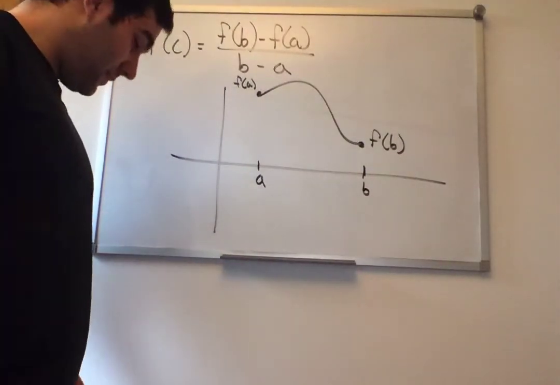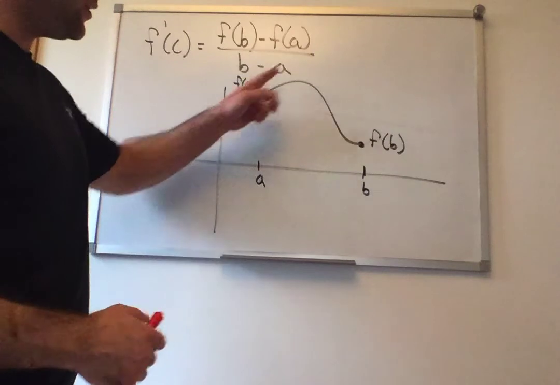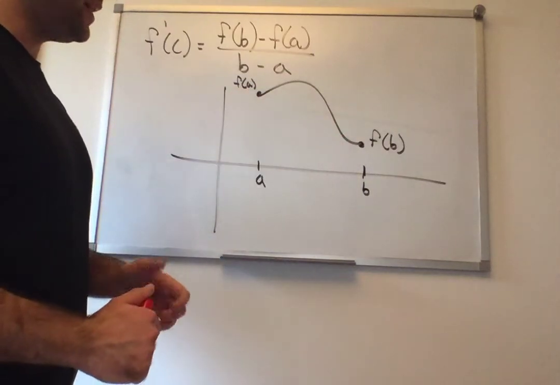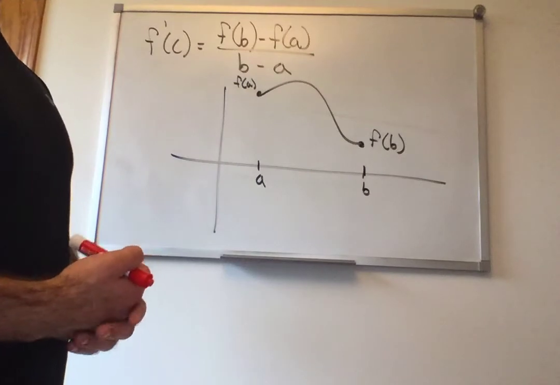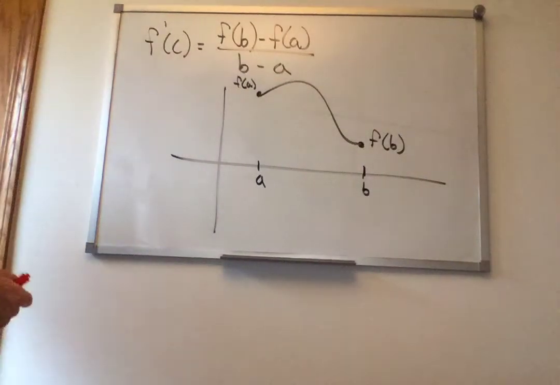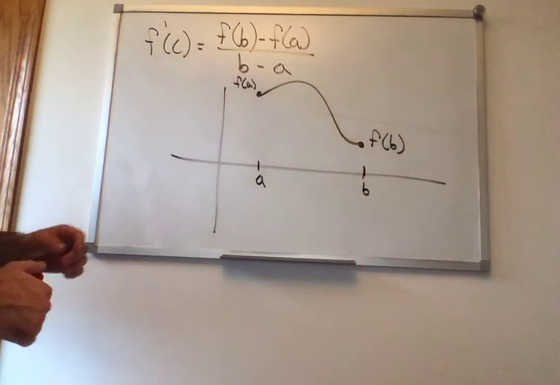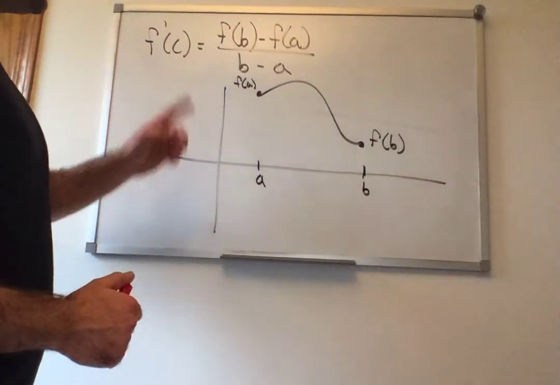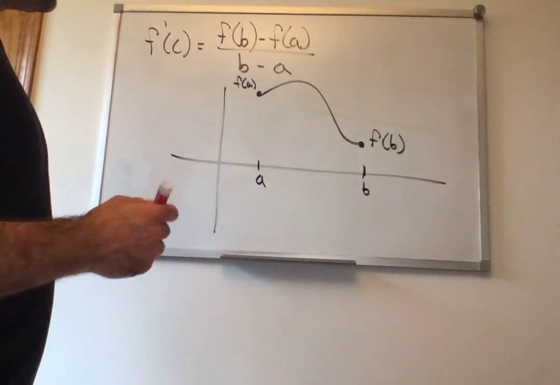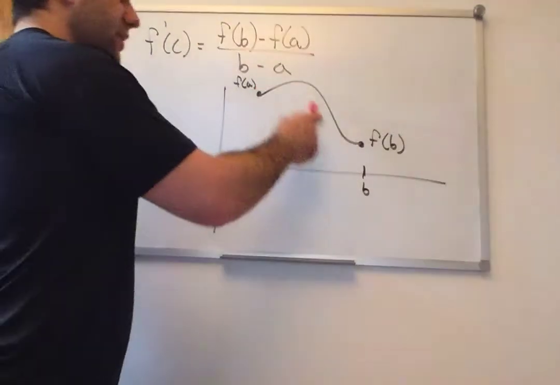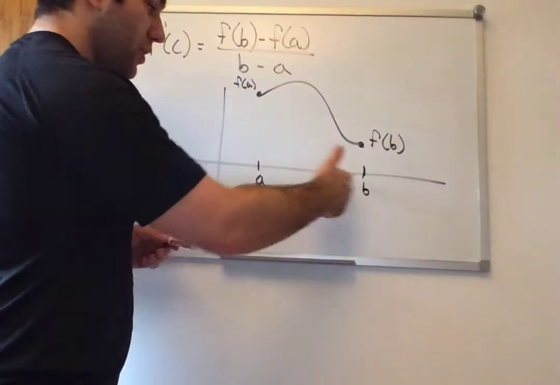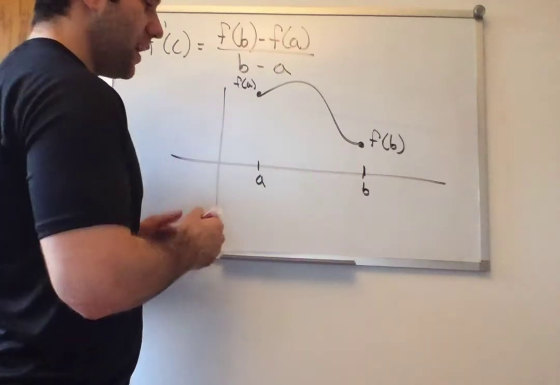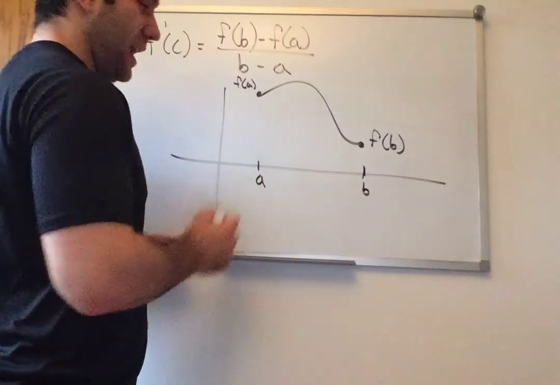Now, this is a continuous function from a to b. It's definitely differentiable. There's no discontinuities or sharp edges. It's nice, smooth. So what this is saying is that if you have a continuous function that's differentiable, then there exists some number in a and b, some number c. I'm not going to put it on here yet.